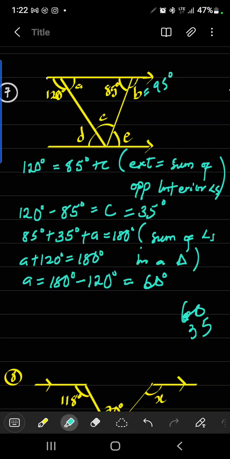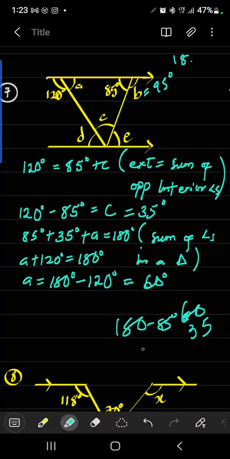And you write your reason. What is your reason? Exterior angle B equals sum of A and C. But what is 95 plus 85, because this is a straight line now. If you don't want to use that rule, and you want to get B using another rule, you can do 180 minus 85, because 85 is given, and you know that the sum of angles on a straight line is 180.